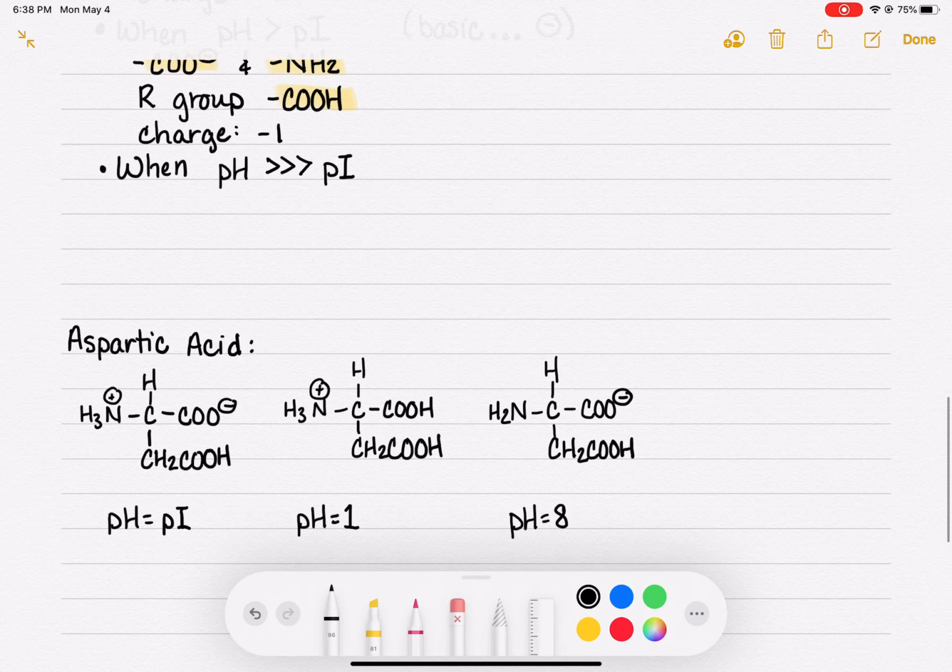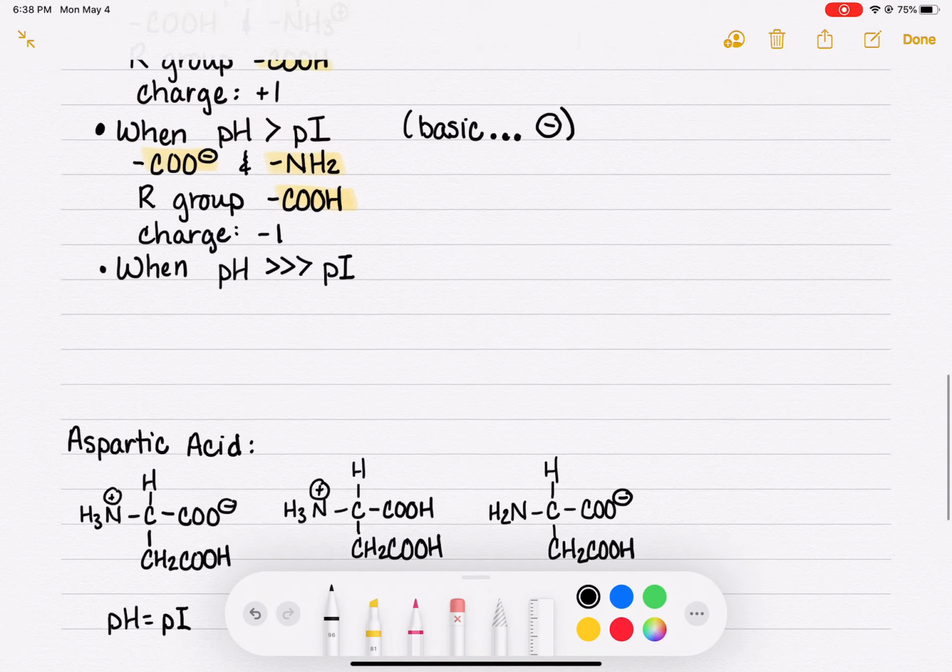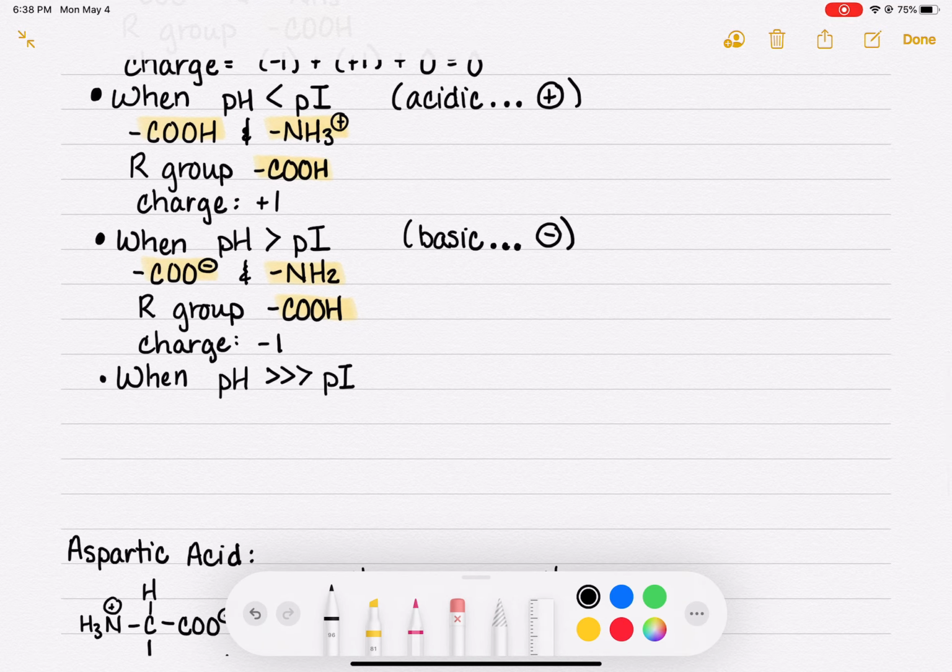Now for our last situation, we have the possibility of when the pH is really, really, really high. So this is going to be very basic. And we're going to see this happening at pHs at and above 10.